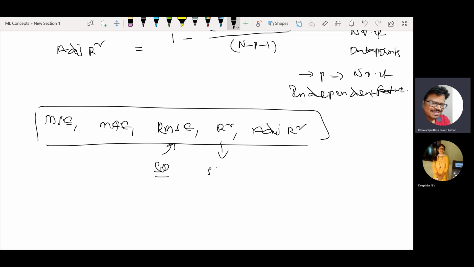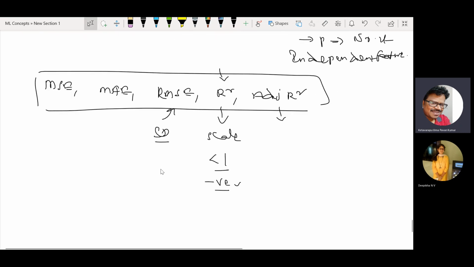And to scale internally, we need to use R square, always a value less than 1. And if the R square value is negative, then that is a bad model. Adjusted R square gives preference to the real contributors, and of course adjusted R square is nearest to the R square value. That thing we have observed.